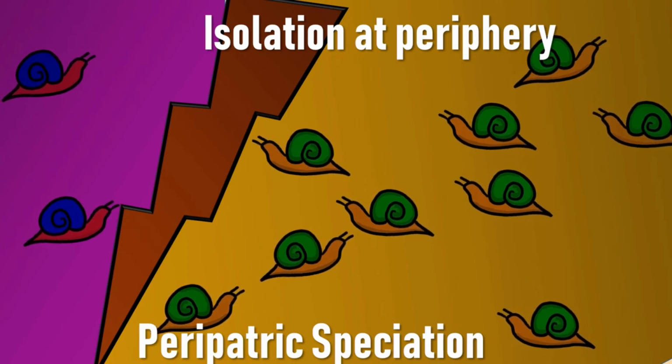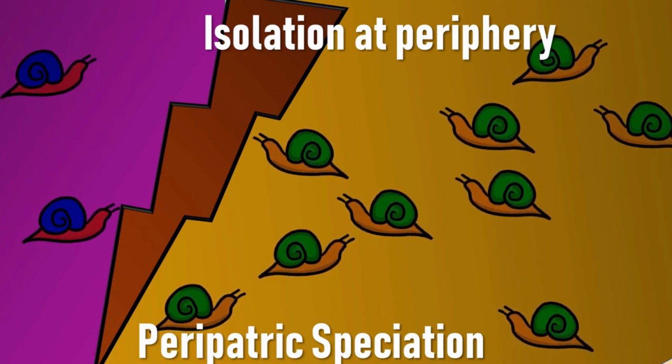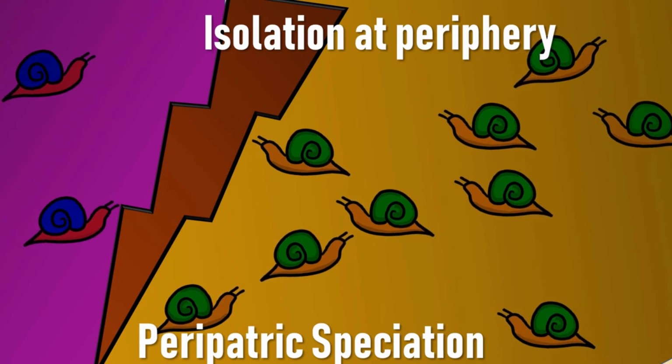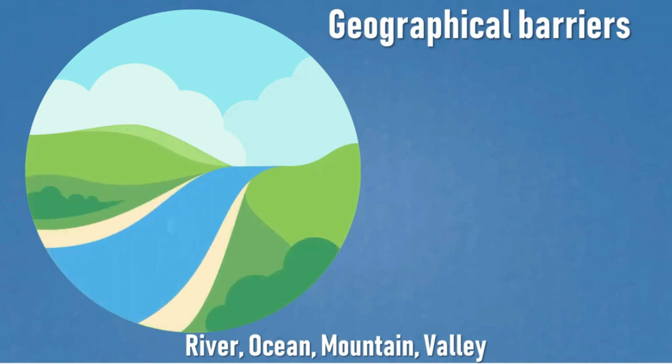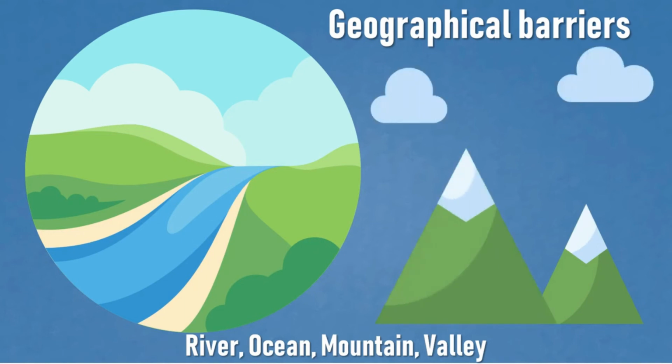From the word peripatric, we can remember that speciation is occurring at the periphery. The geographical barriers in allopatric and peripatric speciation can be a river, an ocean, a mountain, a valley, etc.